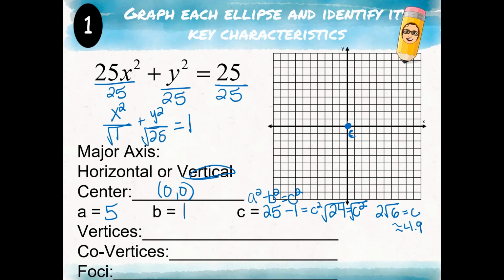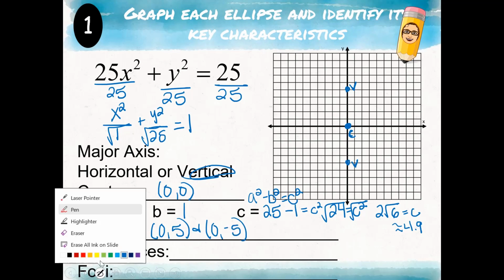So I'm going to go up and down 5. 1, 2, 3, 4, 5. And I'm going to put a V by that. That's a vertex. I'm going to go down 5. 1, 2, 3, 4, 5. And I'm going to put a V by that one as well. Now, writing those ordered pairs out, it looks like to be 0, 5 and 0, negative 5 for those ordered pairs.